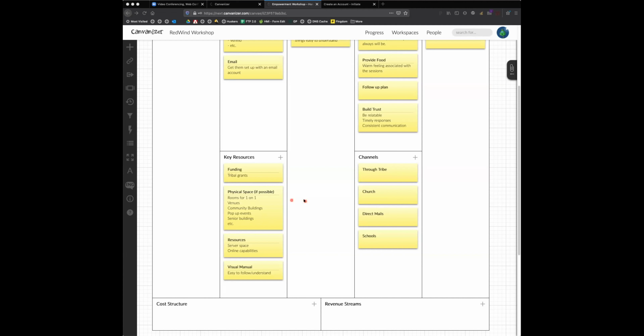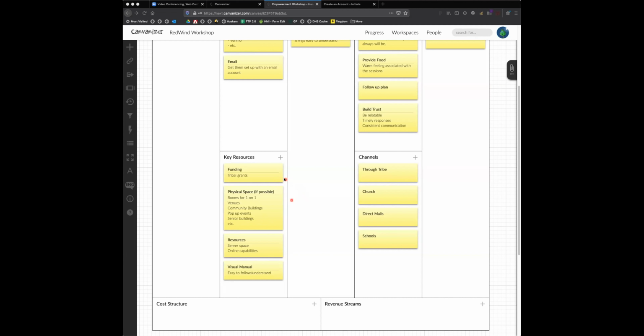Of course, we would use the tribe as well to kind of help with some grants. Physical space. We think location is a big key to accessing these different audiences, because not everyone has the resources to be able to drive in town or doesn't have that in their house.